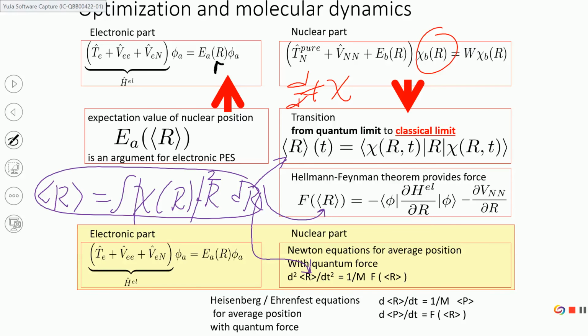So in the yellow box, it is a set of equations that one typically solves. So one keeps thinking of electronic degrees of freedom as wave functions and solves the Schrödinger equation in one or another variation, in one or another approximation. But for nuclear degrees of freedom, one is speaking of the expectation value of position. The error of neglecting the shape of this nuclear wave function distribution is often accepted.